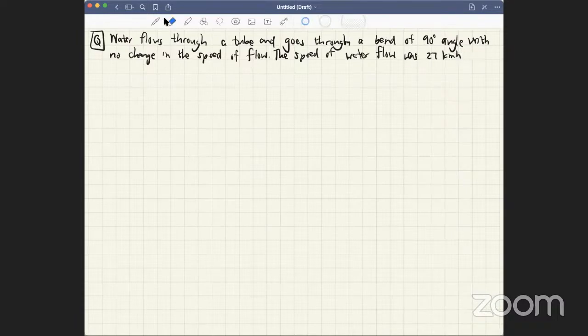27 kilometers per hour, and I have to give you the cross-sectional area. Cross-sectional area of tube was, I'll make it easy for you this time, 25 centimeters square, because when you put 25, 20, 10, multiplication all will be easier, people, right?